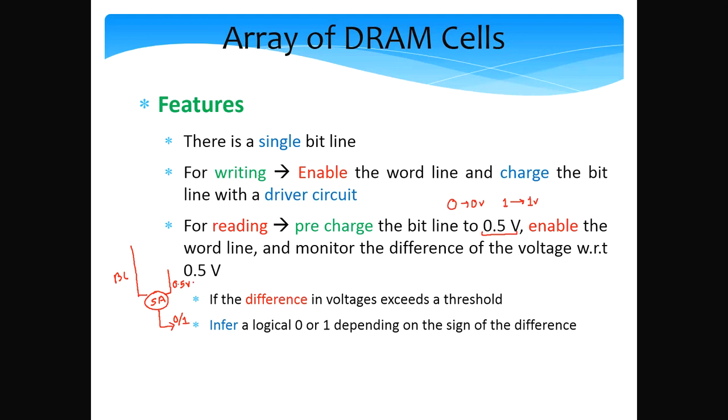The threshold is expected to be a small value of the order of several millivolts, which will be the amount of noise introduced in the wire because of external electromagnetic fields. That's the only difference: instead of comparing BL and BL bar, we compare a single bit line with another fixed voltage, which is 0.5 volts, and we see whether the voltage is going up, shooting above 0.5, or going below, and based on the direction we infer the value stored in the DRAM cell.